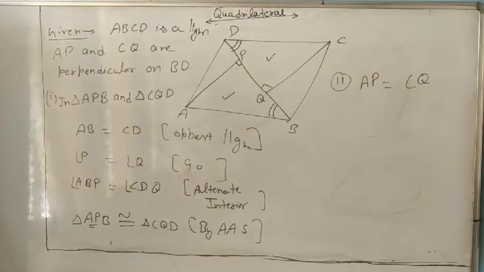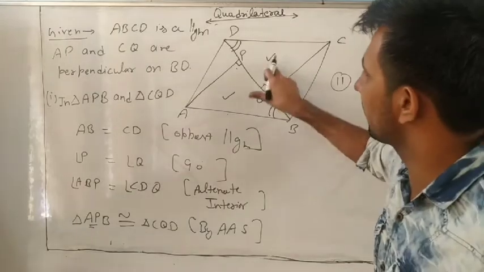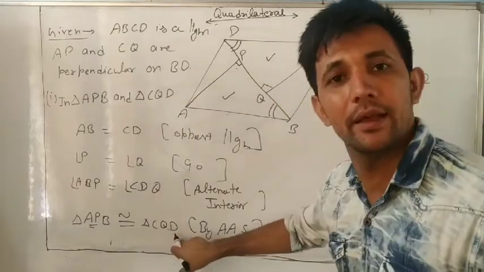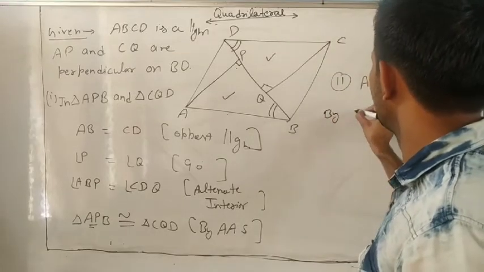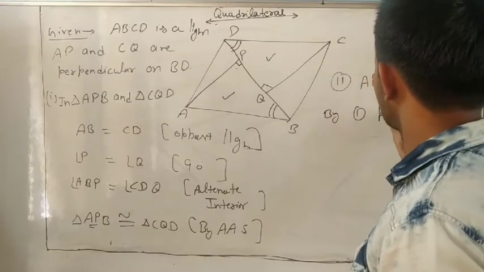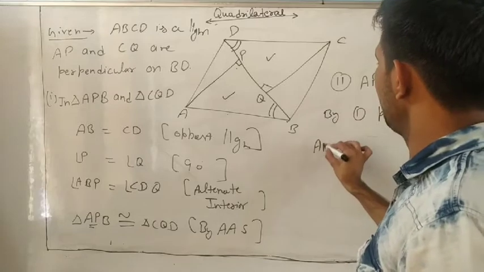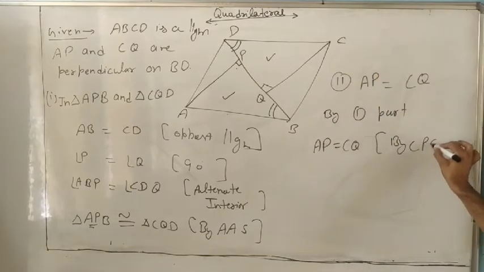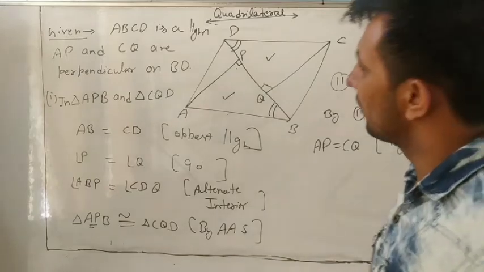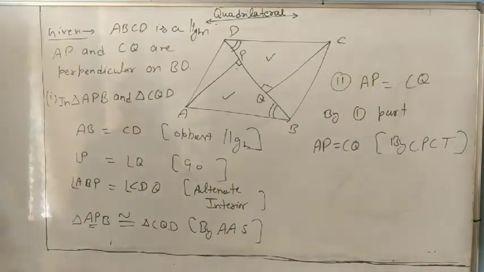If you want to prove sides in two different triangles are equal, first we prove the triangles are congruent. We already proved that, so if triangles are congruent, we can say AP equal to CQ by CPCT.